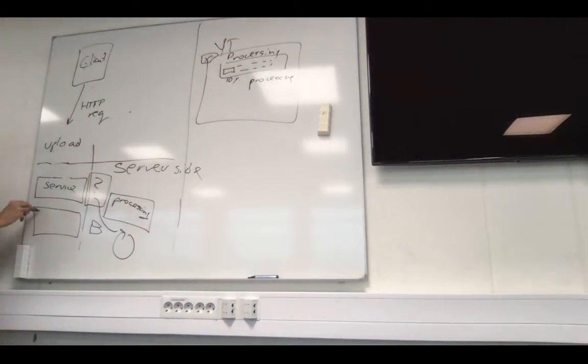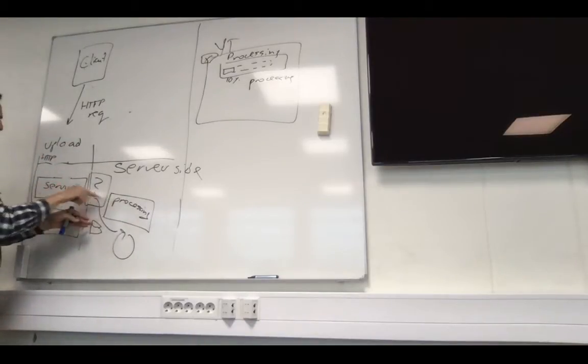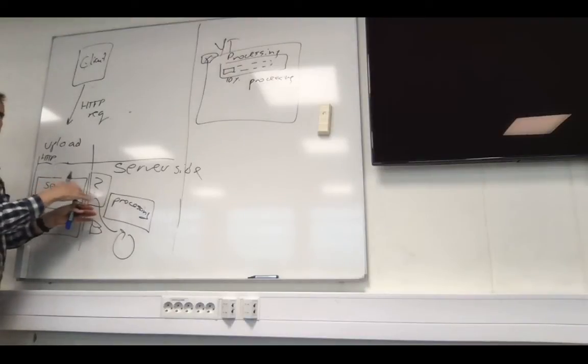And this service is responding to HTTP requests again. But the processing itself doesn't, right? So you see at least two types of processes on the server side. One which is responsible for HTTP requests, and another one which is internally triggered by some internal events.